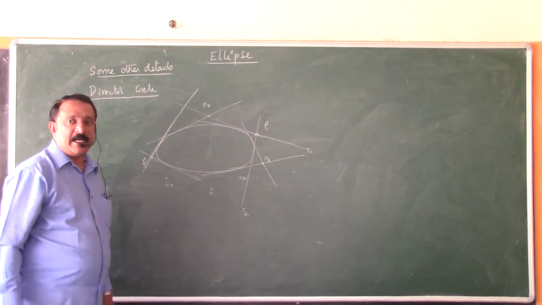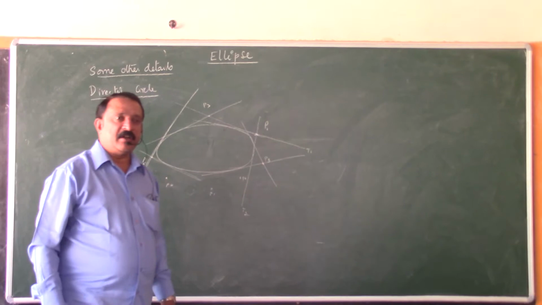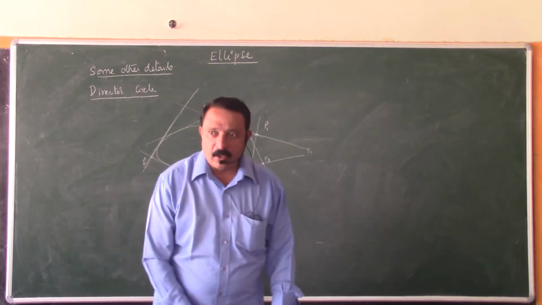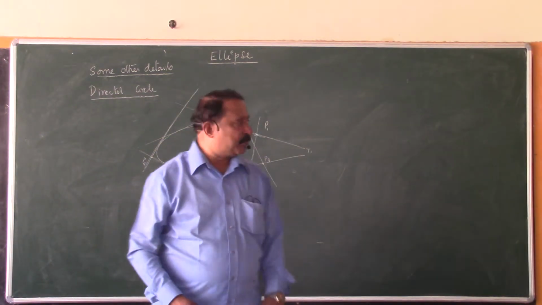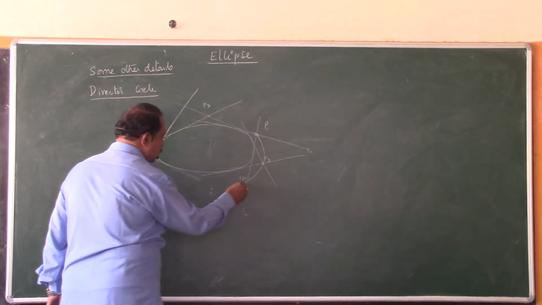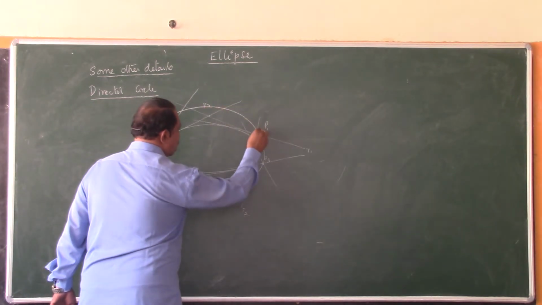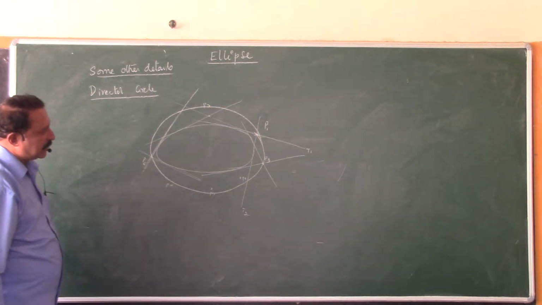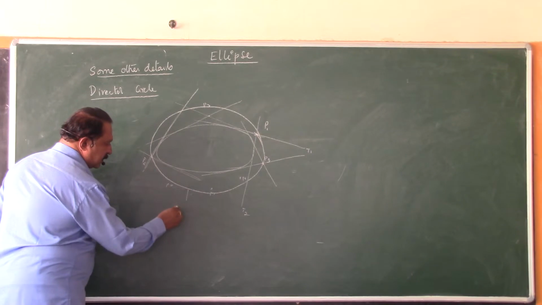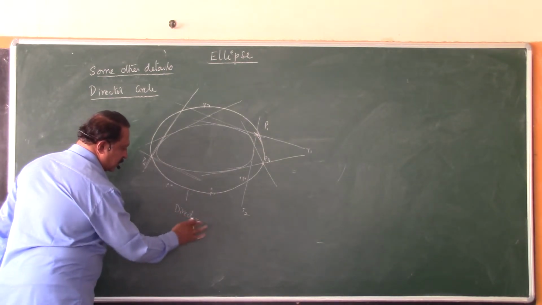Now what I will do is trace the path of the point of intersection of all these perpendicular tangents to the ellipse. What do I get? I get a circle, and the name of this circle is the director circle.